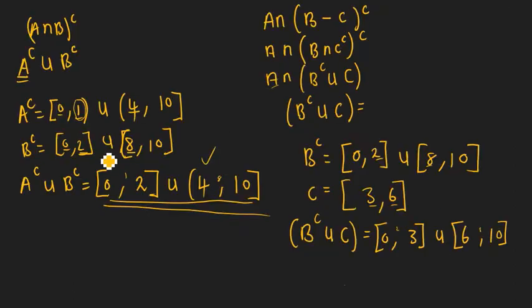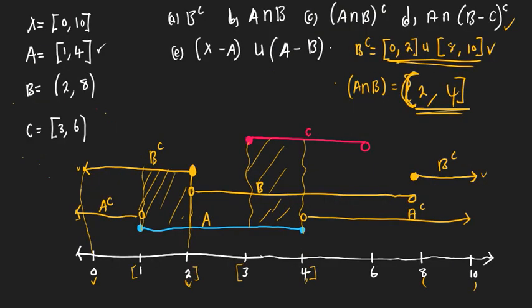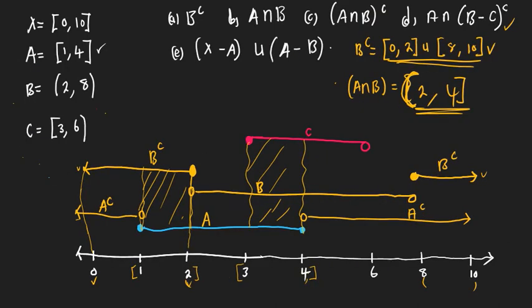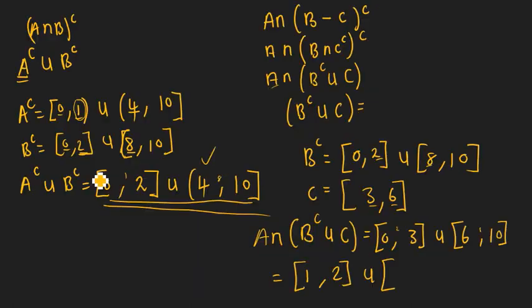So we are going to have the intersection of this guy is going to be this set from 1 to 2, the union of from 3 to 4.